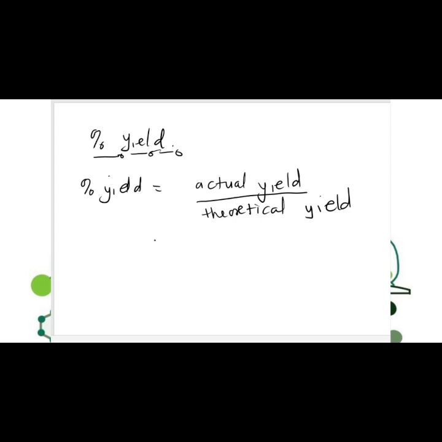Okay, so the theoretical yield, you can actually get it when you balance your equation, when you use the conservation of mass, that the mass of the reactants is equal to the mass of the products. So that is the theoretical yield, which is the maximum amount theoretically we can get from a reaction. But in normal circumstances, we don't usually get 100%.